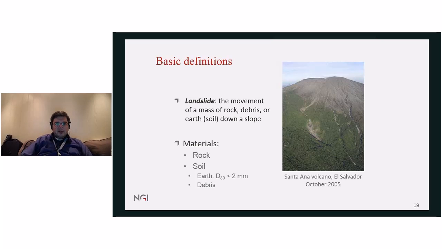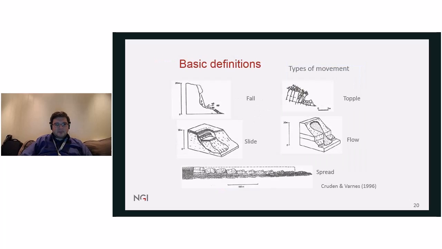Well, landslide, we know it's the movement of a mass of rock, debris, or earth downslope, and the materials can be rock or soil, and soil can be classified as earth when we have mostly finer particles, or debris when we have coarser particles. Regarding the types of movement, we can have falls, topples, slides, flows, and spread.